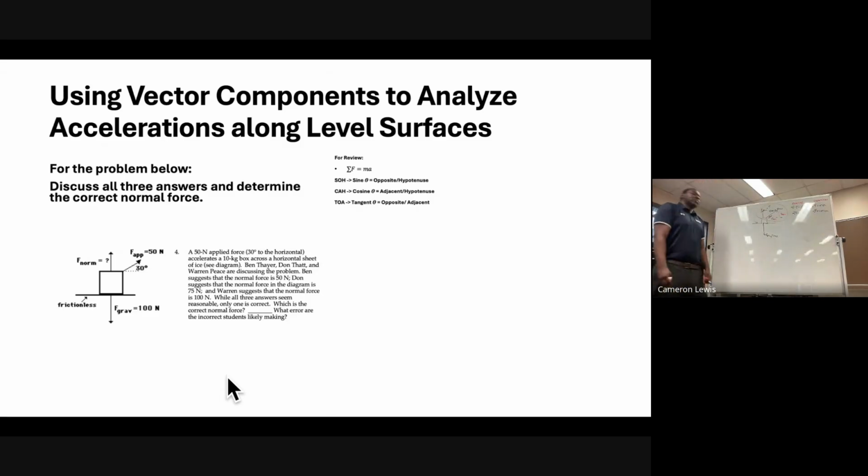This is a 30-60-90 triangle. This is x, this is 2x, this is x root 3, right? If I know that this one is 30, this is my y, and I know this is equal to 50, then I know that, yes, this one is equal to what?